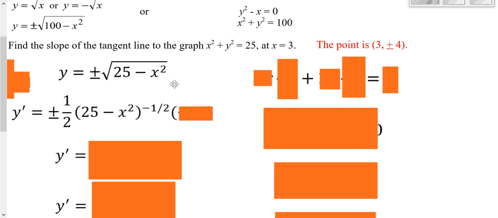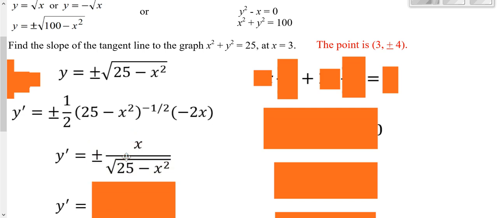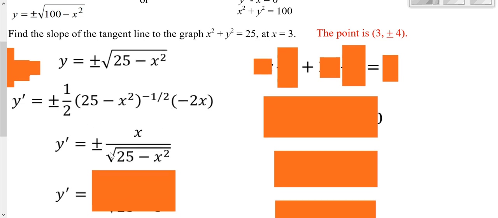Chain rule! Derivative of the inside, negative 2x. Now, in this case, you'll notice your negative 2 cancels out your 1/2, still with a plus or minus. You might be wondering, well, what happened to that negative? Well, a negative onto your positive is the negative on the bottom, but a negative onto your negative is really the positive that's on the top.